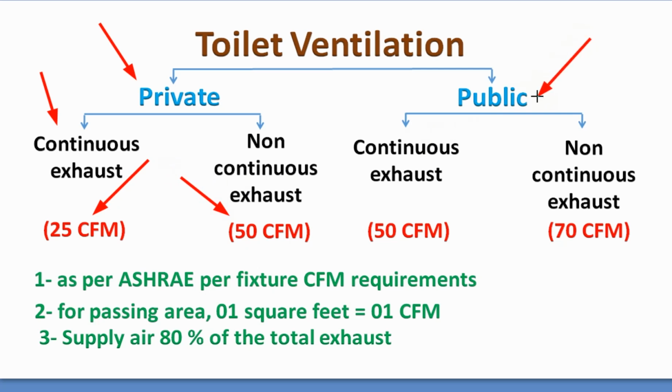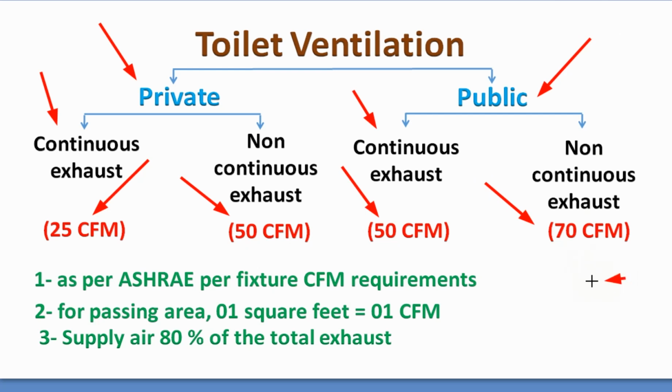Similarly for public type of toilet, if the exhaust fan is running continuously, then for one toilet we need the exhaust air 50 CFM. But if this exhaust fan is not running continuously, then for one toilet we need the exhaust air 70 CFM.